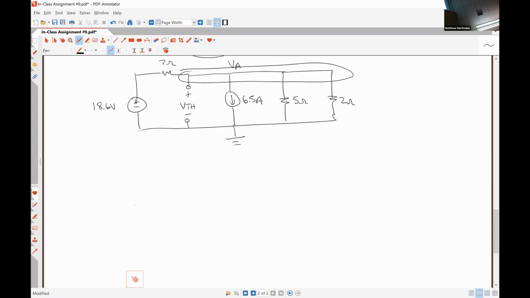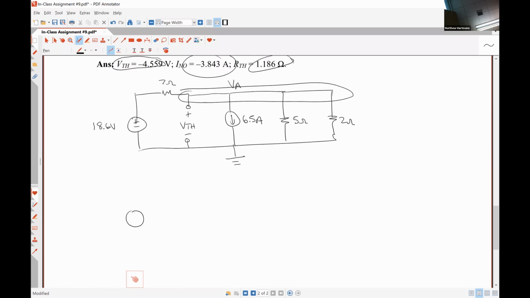In this case, that would be a source of negative 4.559 volts, with 1.186 ohms, and here is our 3 ohm resistor that we were finding everything with respect to.